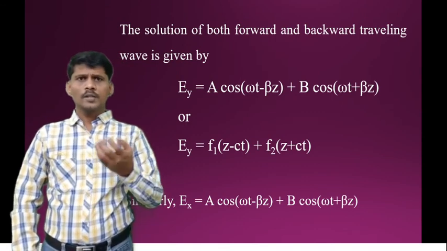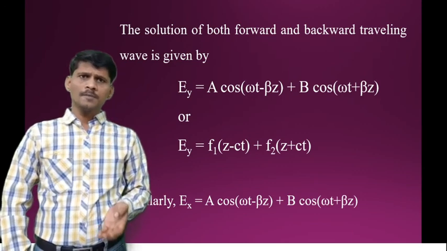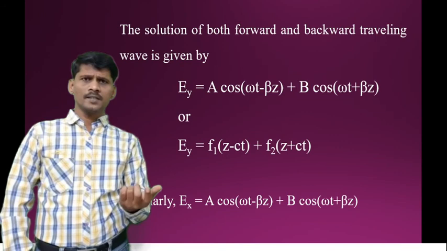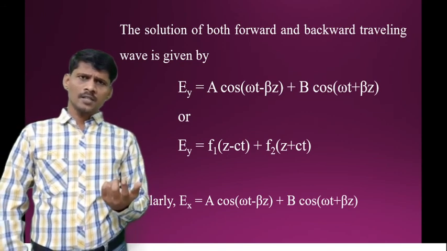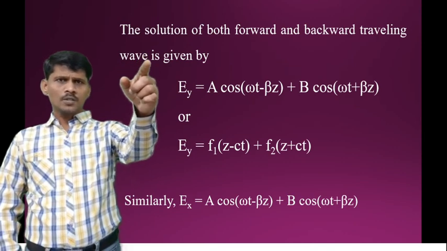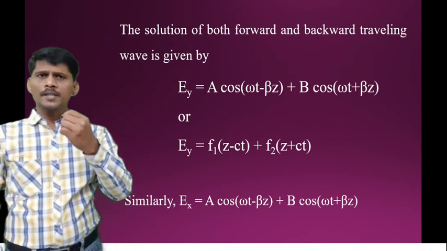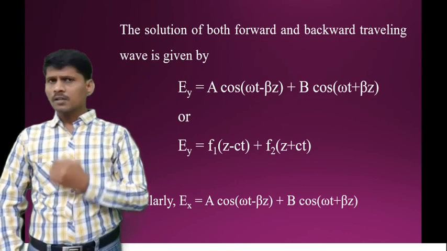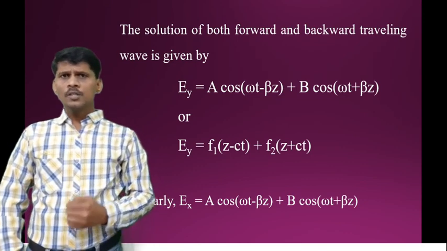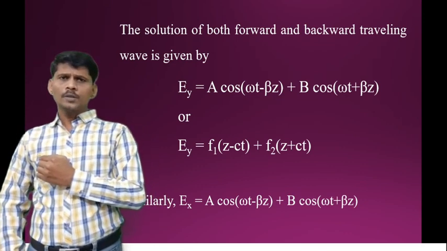In the general solutions, the first term, sin(ωt - βz), cos(ωt - βz) and e^(-jβz), is the wave traveling in the positive z direction. The second term, sin(ωt + βz), cos(ωt + βz) and e^(jβz), represents the wave traveling in the backward direction, that is the negative z direction.